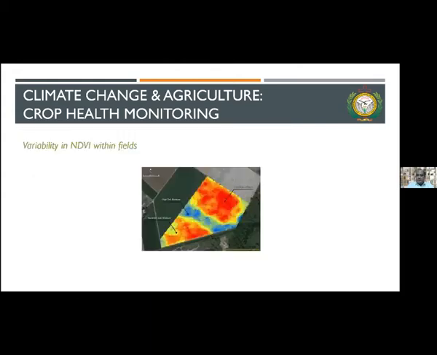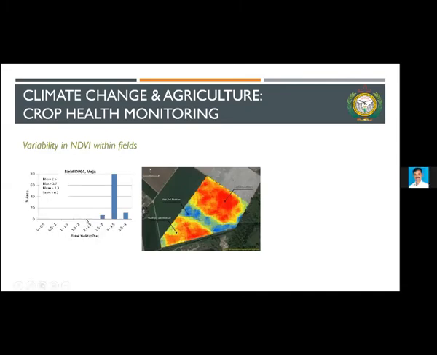For example, this field, and you see that there are areas in red color which are not very healthy. Then blue color looks okay, but again these red colors are not very healthy. So from district level to multiple fields level, now from multiple field level to single field level, we can go up to this level and we can see.